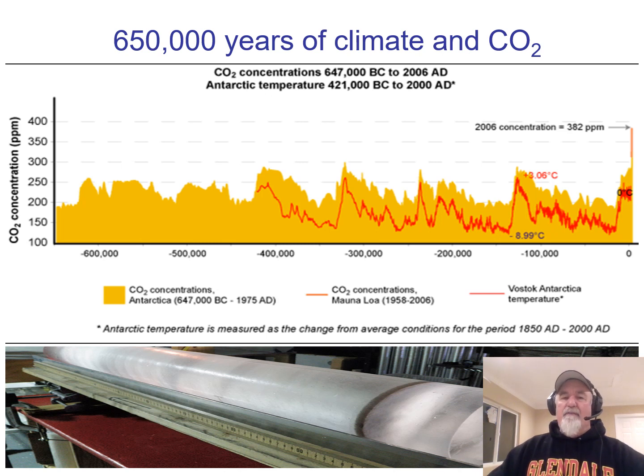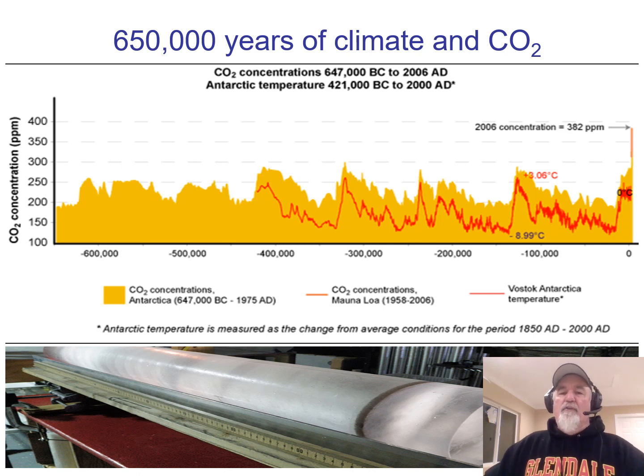Oxygen has three main varieties: oxygen 16, oxygen 17, oxygen 18. The ratio of those will tell us something about the temperature when the air that formed that snow formed. Also, the bubbles trap the CO2, so we can directly measure that CO2 from those bubbles. So we can find out what the CO2 levels were and what the temperature was.